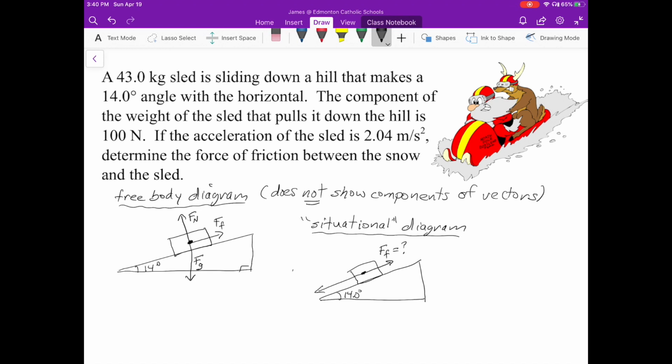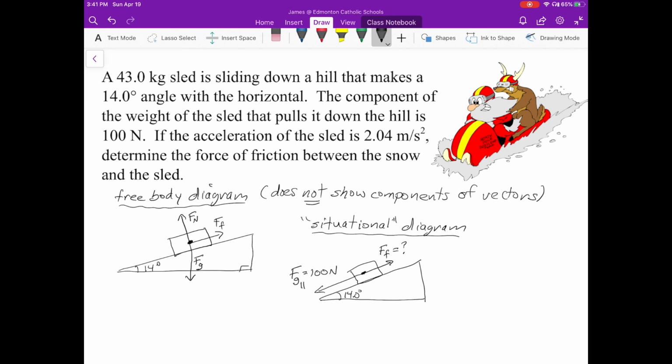We are given that the component of the weight that acts parallel to the incline, and I just drew two lines that are parallel to each other to represent parallel, is 100 newtons. So now it's almost like a tug of war. You've got two forces acting. It's sort of like the elevator. For the elevator, we had tension up, weight down.